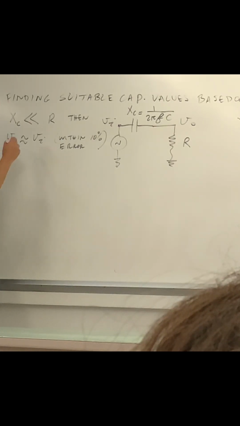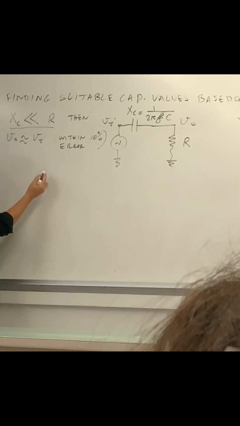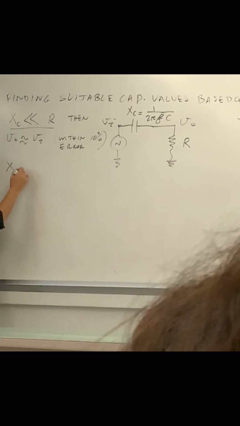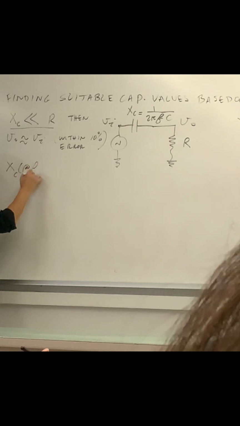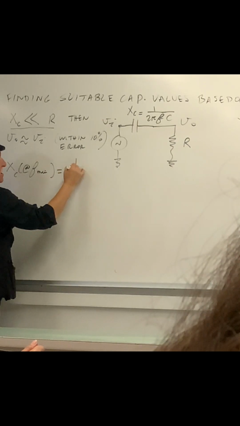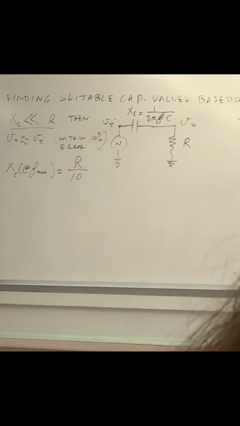So how do we translate this criterion into a numerical value? The numerical value would be, for the reactance, X of C at F min, make it equal to 1/10 of R, 10 times smaller.